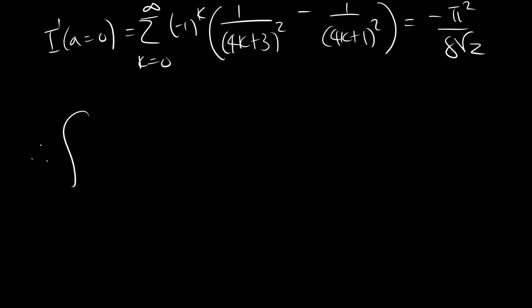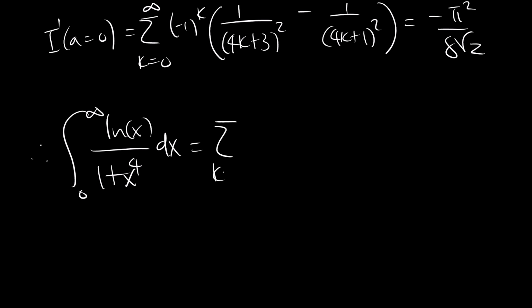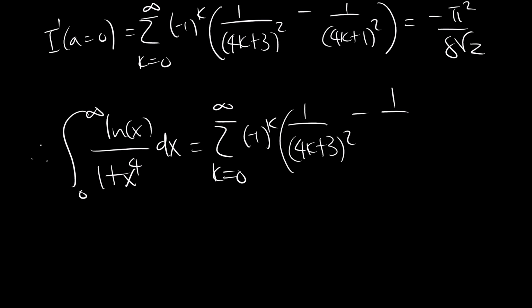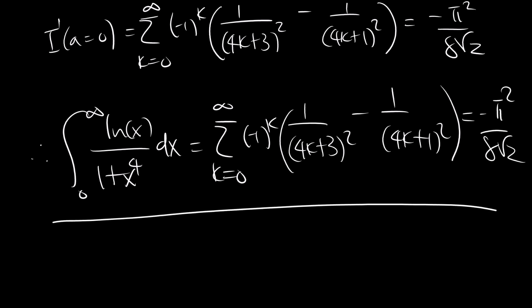Therefore, the integral from 0 to infinity of the natural logarithm of x over 1 plus x to the power 4 is equal to the summation from k equals 0 to infinity, negative 1 to the k, 1 over 4k plus 3 squared minus 1 over 4k plus 1 squared, which is equal to negative pi squared over 8 root 2. So this is what we wanted to show all along.